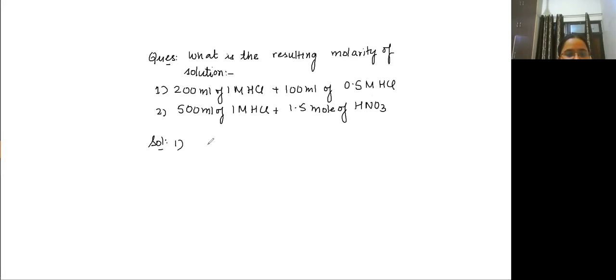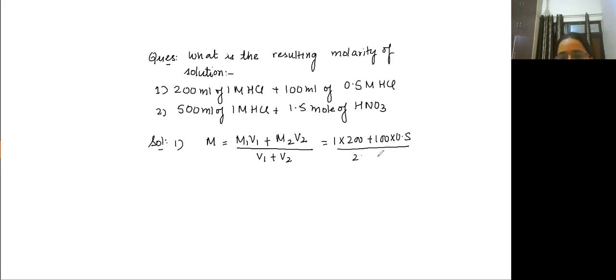First part. We know that molarity is equal to M1V1 plus M2V2 divided by V1 plus V2. Clear? Now, 1 into 200 plus 100 into 0.5, and the total volume is 200 plus 100.